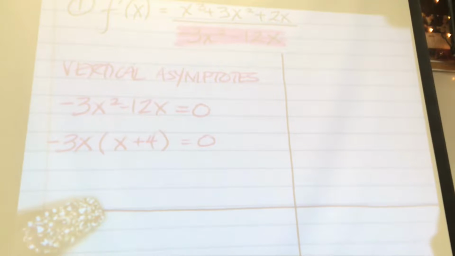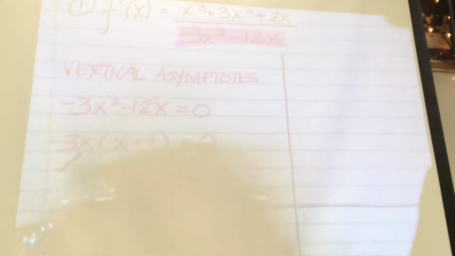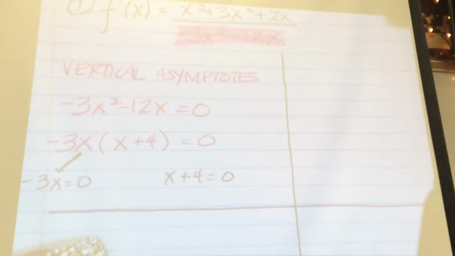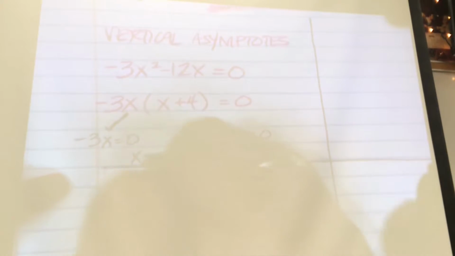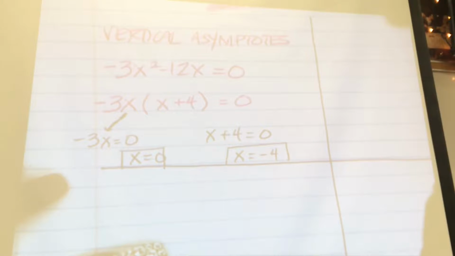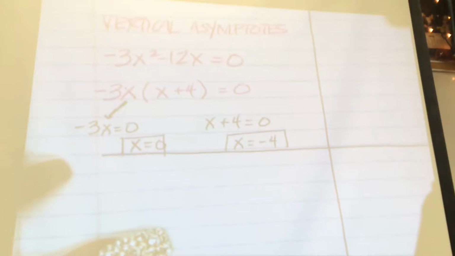That means I'm going to say negative 3x is equal to 0, and x plus 4 is equal to 0. So here x equals 0 and x equals negative 4. Those are my 2 vertical asymptotes.